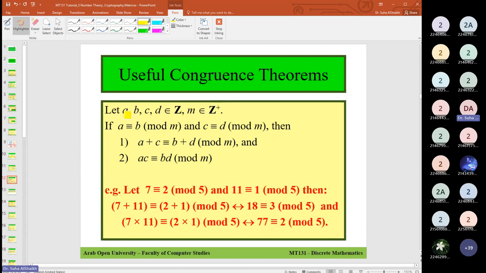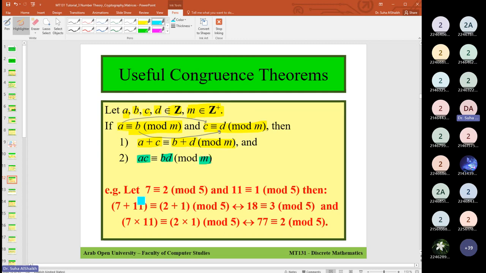For A, B, C, D belonging to Z and M belonging to Z plus: if A is congruent to B modulo M and C is congruent to D modulo M, then it makes sense that if I add A with C, this is congruent to adding B with D modulo the same M. So A plus C, left side with left side, is congruent to B plus D, right with right, modulo the same number M. Same thing if we are multiplying: A times C is congruent to B times D modulo the same number M.